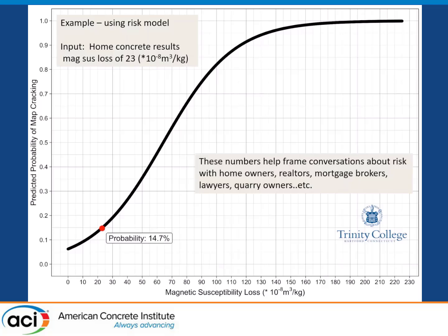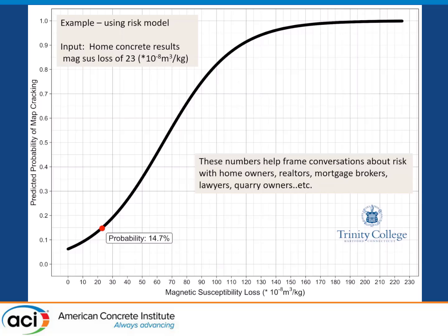So for example, let's say a concrete tested positive for pyrrhotite and at a value of chi, the magnetic susceptibility loss, of 23, the prediction model states that, and this is important how I say this, 14.7% of homes of similar magnetic susceptibility loss were observed to have map cracking at the time of coring.